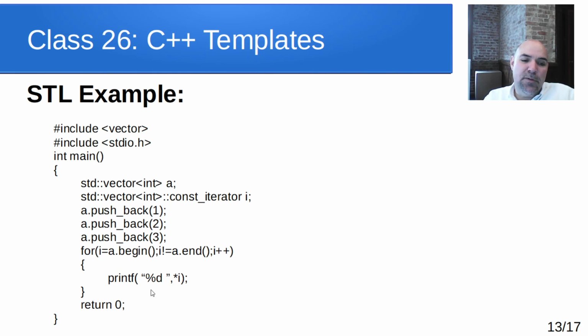Here I went ahead and used printf instead of cout, and we print out the integer at that position. The thing pointed to by the iterator gives us the object at that position. In this case, it's an integer because we have an integer template. So this is just going to print 1, a space, a 2, a space, and a 3. Then we will have reached the end of array a, and this loop will stop. So this gives a really simple example that you can use.